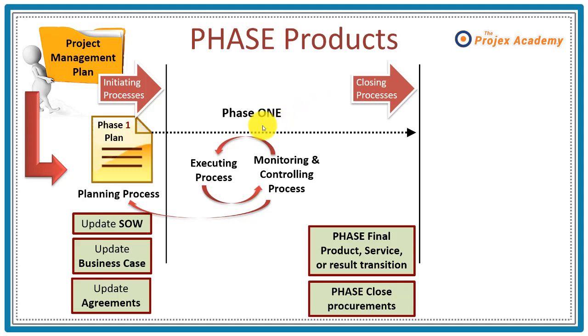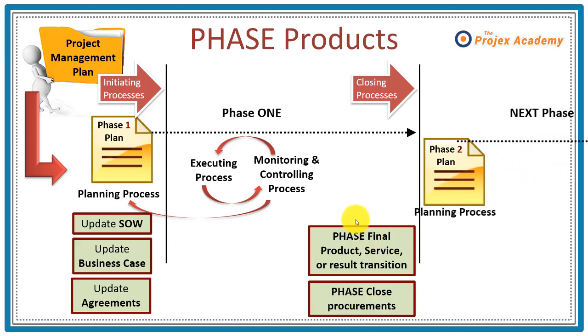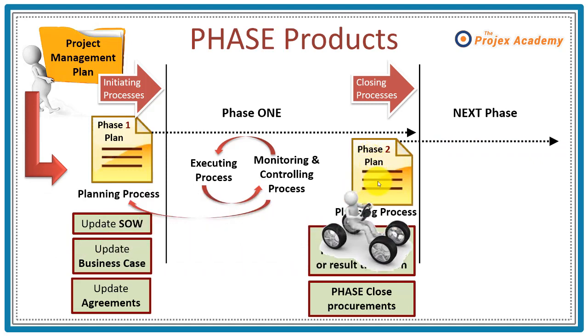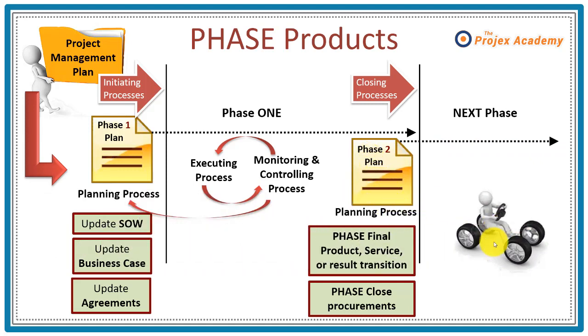And it may be, as a result of phase 1, but not phase 2, your third party or contracts need to be closed down. In this case, this also is where for this particular phase, you will need to close such procurements. And as I showed you in the previous slide, you now want to prepare the phase 2 plan using the planning process for the next phase. And here you can see your partially assembled product, which the next phase will build upon.